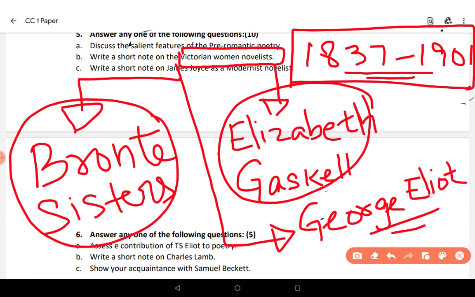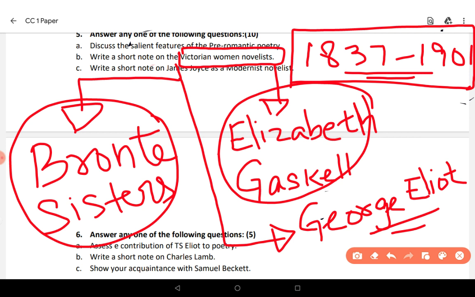Women used to write under the names of men writers because they thought that if they wrote under the pseudonym of a male writer, they would be given more importance. In that period of time, any profession for women was very difficult, especially the writing profession.